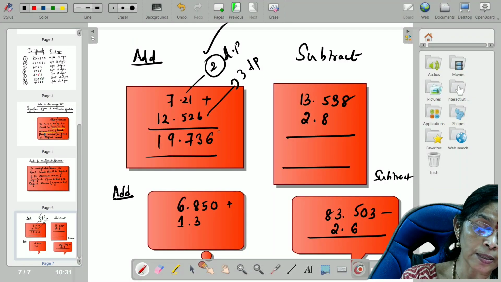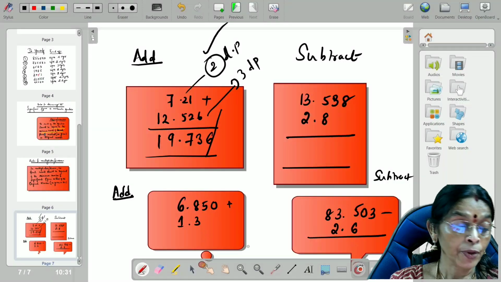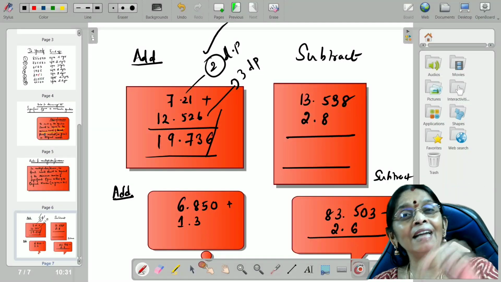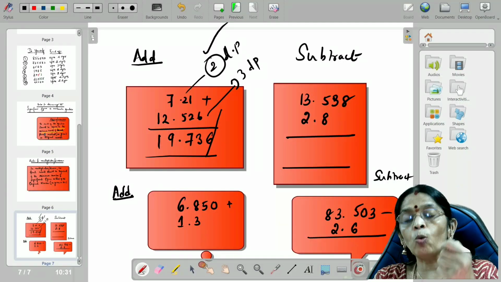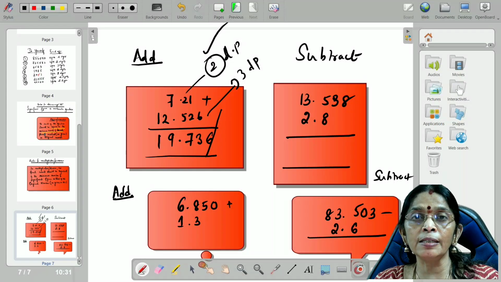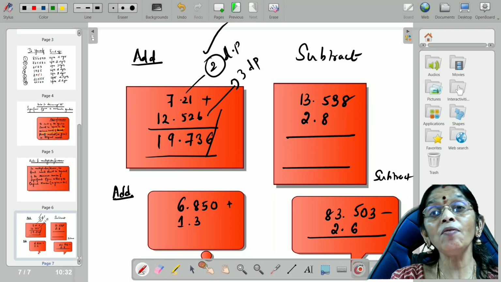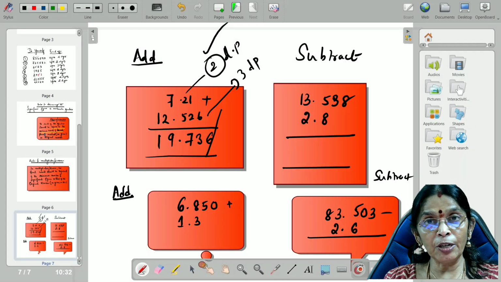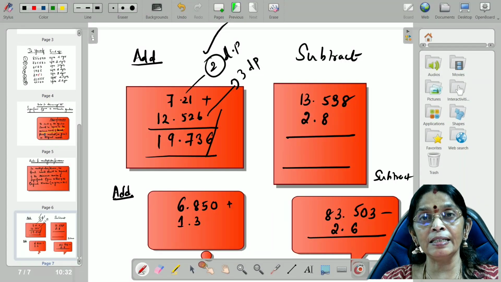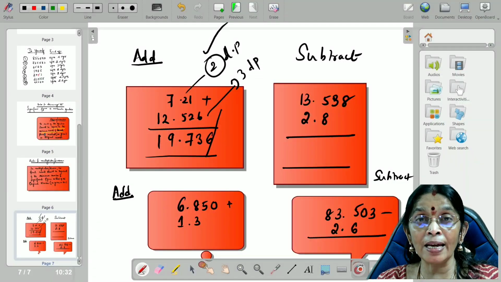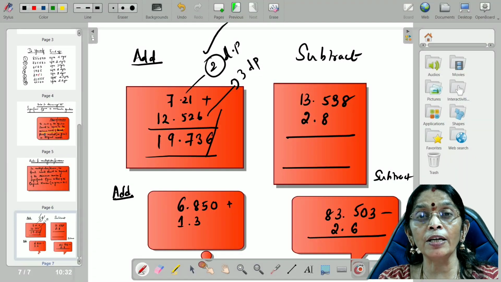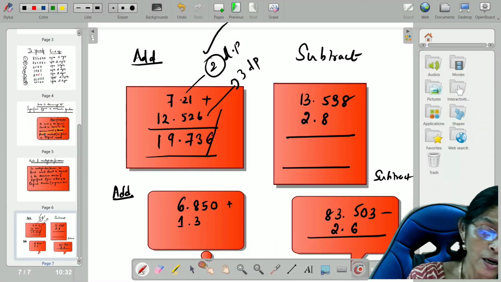The digit to be dropped is 6, which is greater than 5. Now you bring in the rounding rules. Since it is greater than 5, the preceding digit is increased by 1. So the answer is 19.74.